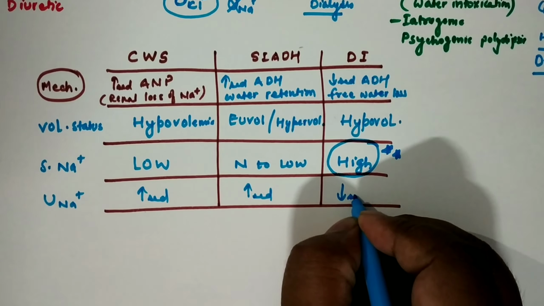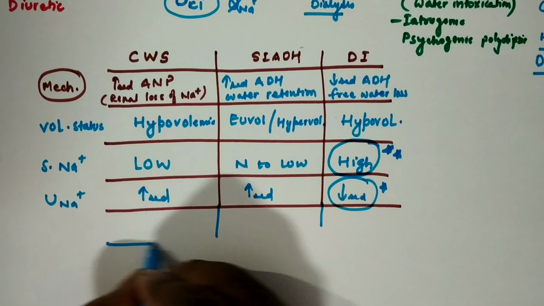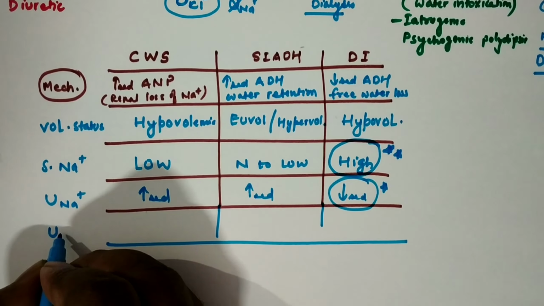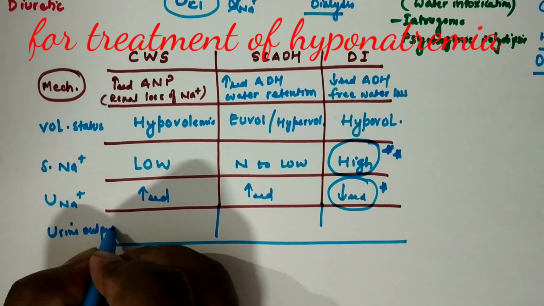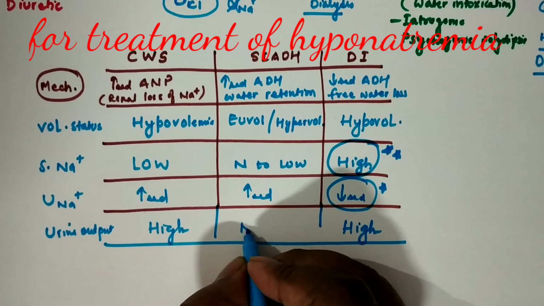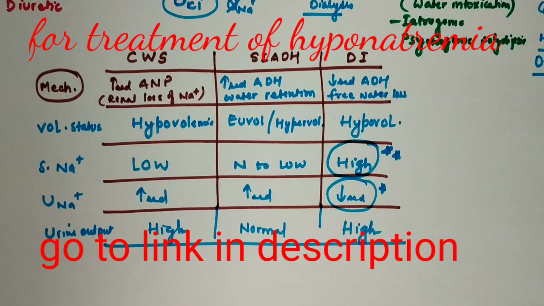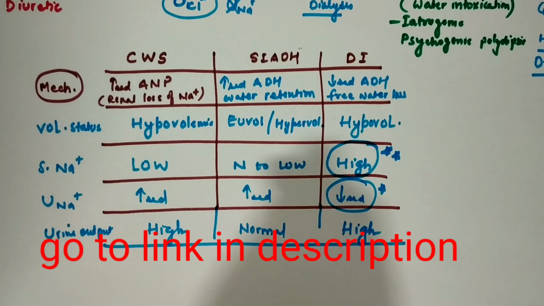Urinary sodium is increased in CWS and SIADH and decreased in diabetes insipidus. Similarly, urine output is high in CWS and diabetes insipidus, and in SIADH it is normal.